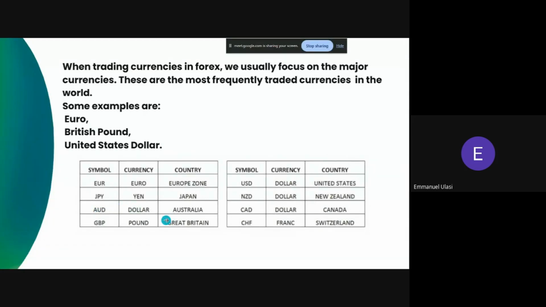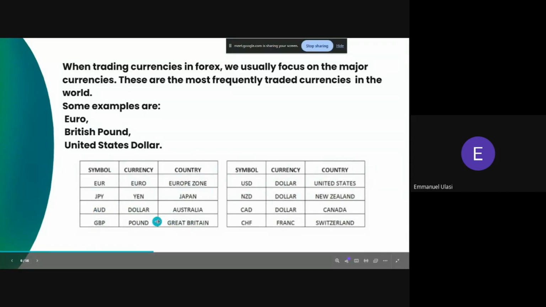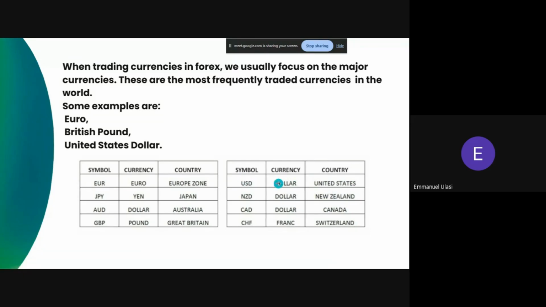Moving on, we have the British pound, which is the currency used in Great Britain, and the symbol is GBP. On the other side, we have the United States dollar, which is used in the US, and the symbol is USD. You also have the New Zealand dollar, which is the currency used in New Zealand, and the symbol is NZD.